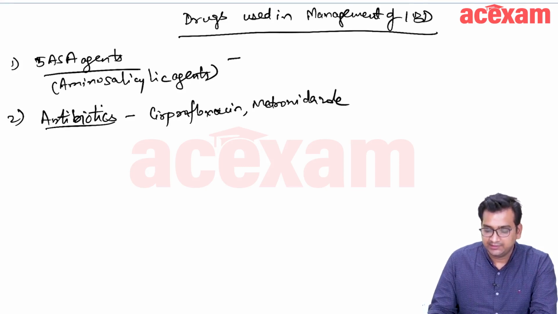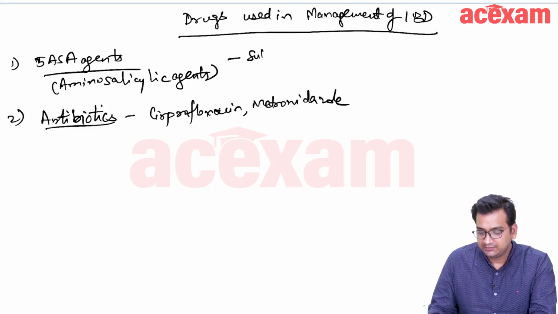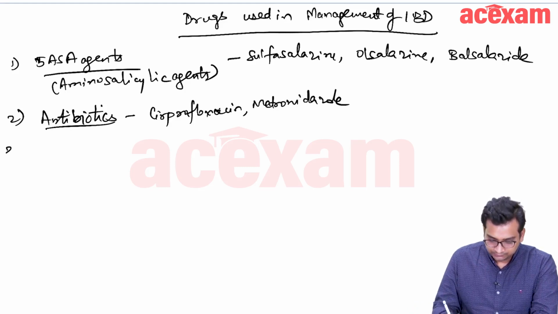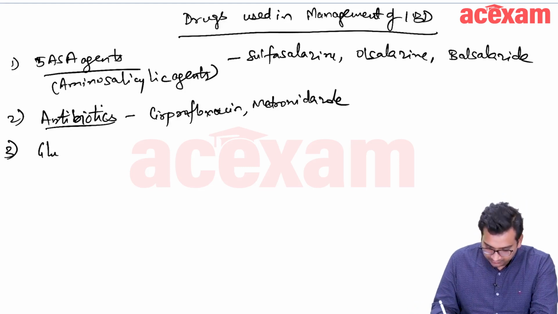Here which 5 ASA agents? We are using sulfasalazine, olsalazine and balsalazide. Then there are glucocorticoids.